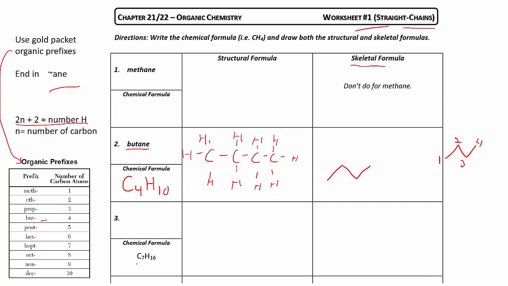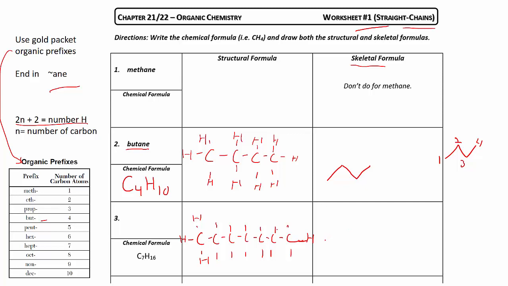On our second one, C7H16, 7 carbons, and to each a hydrogen. So there would be a hydrogen at each of our spots, all the way across to the opposite side.